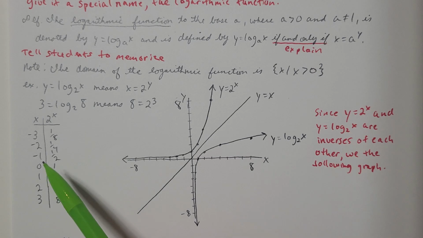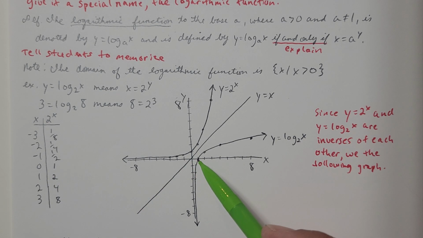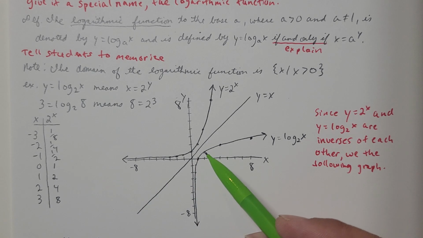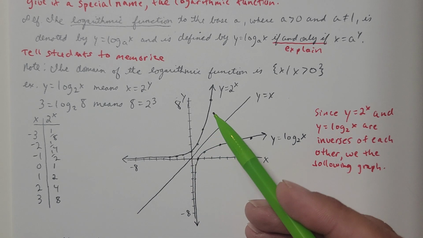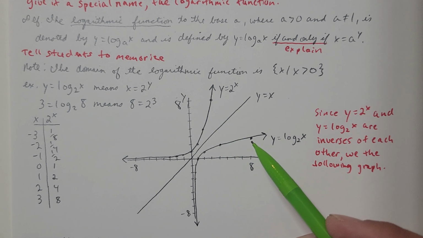Negative 1, 1/2 is going to be at the point 1/2, negative 1. 0, 1 would be at 1, 0. 1, 2 would be at 2, 1. 2, 4 would be at 4, 2. And 3, 8 is going to be at 8, 3.